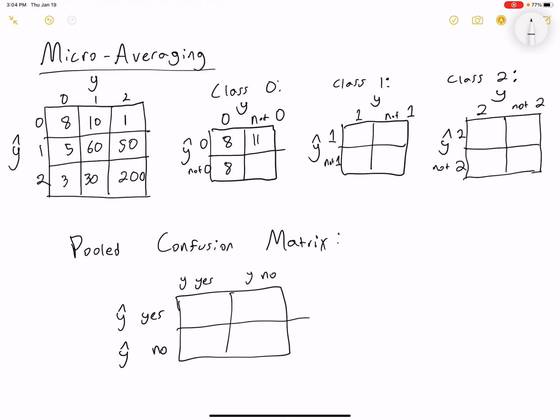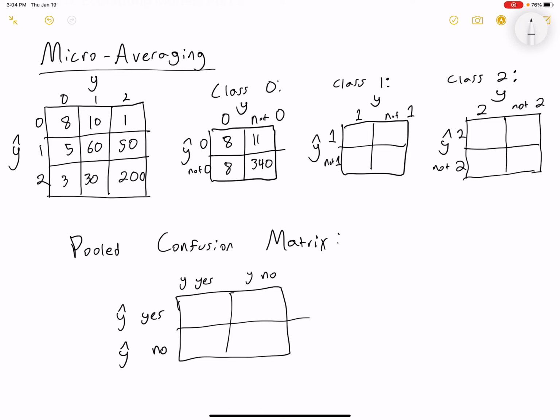So for example, in this one, when 0 is predicted to be 0 and it actually is 0, that's 8 in the big confusion matrix, that goes here. And then not 0 would be 1 and 2. So even though that's 10 and 1 on the top row of the big confusion matrix, that collapses down to 11 because we sum them up, because it's everything that's not 0.